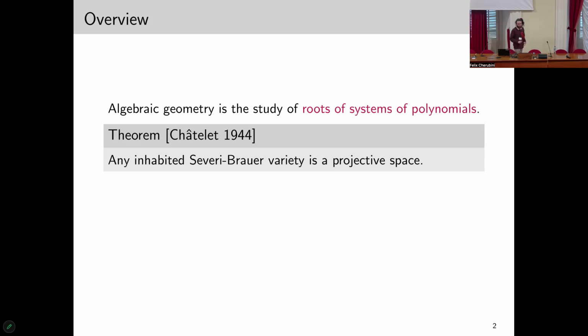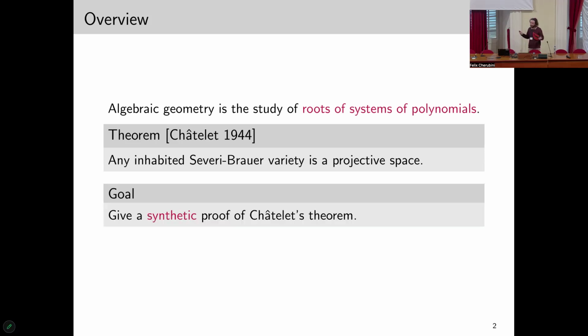What this theorem says is that if you have a root to this system, then you know that the space of all the roots is actually a projective space, and a projective space is a nice space that you know very well. So essentially, this theorem says, if I have a root, I know what the space of all roots looks like.